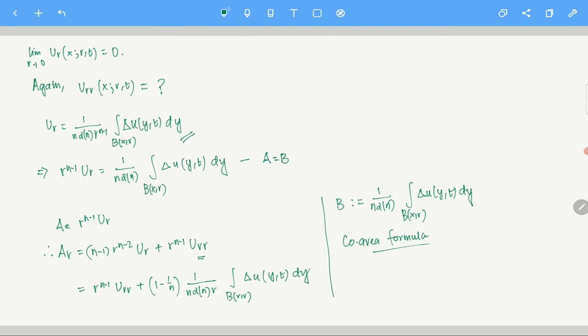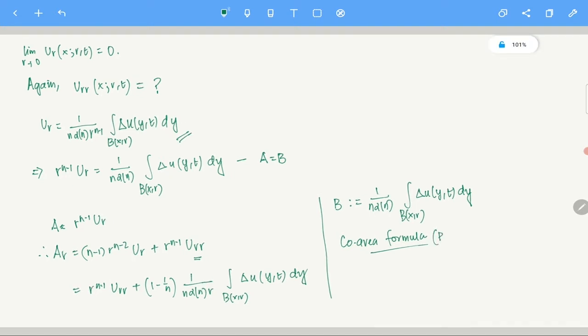Let me write down what the formula is, so it will be easier for you to understand. If you do not know the formula, please look it up. This formula is essentially the polar coordinate formula. Basically, co-area formula, or in some books it is also written as polar coordinate formula. Very important formula. Let me write it down.